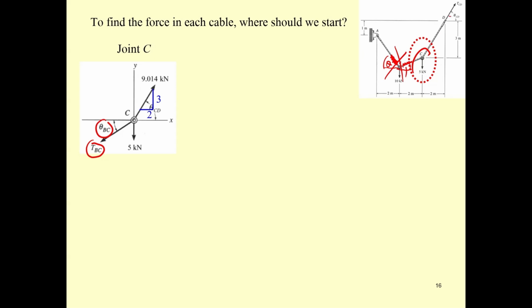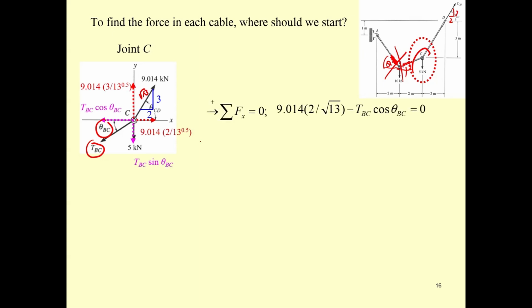Since this is the ratio as before, 2, 3, we have this one, square root 13. For 2 unknowns, you may do the summation of F sub x equal to 0. Then this one is going to be positive, and the component of this one is going to be negative.